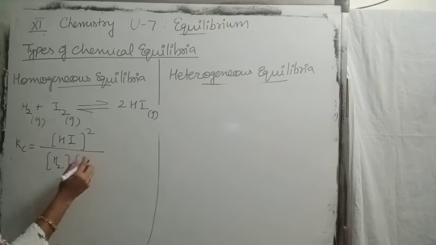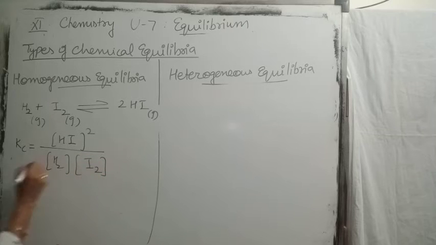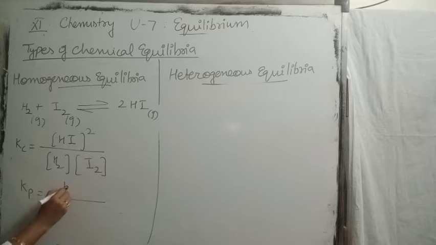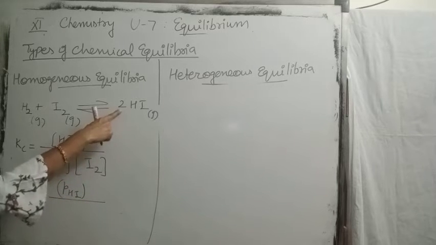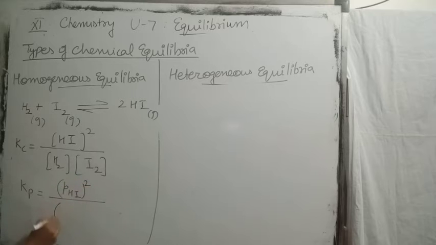Children, this is very important, how to express Kp and Kc. Pressure of HI raised to the power 2 divided by pressure of hydrogen multiplied by pressure of iodine.